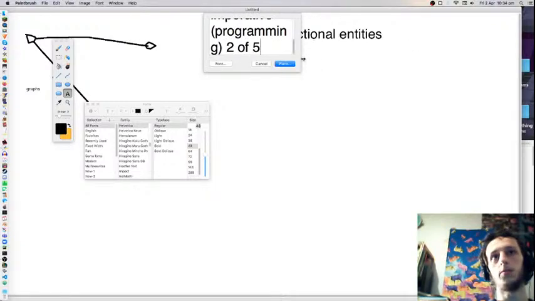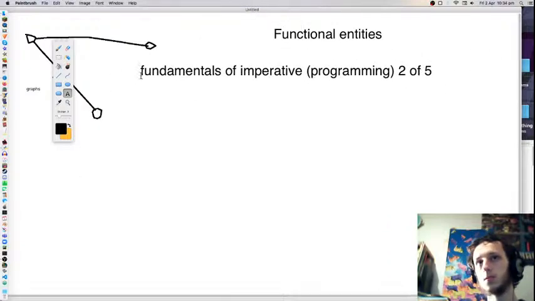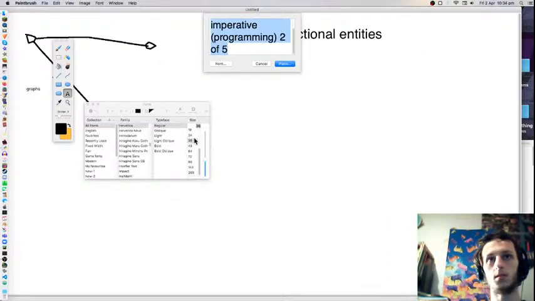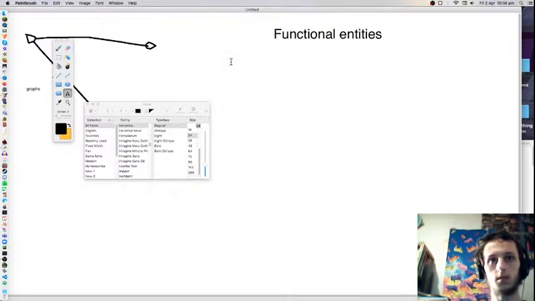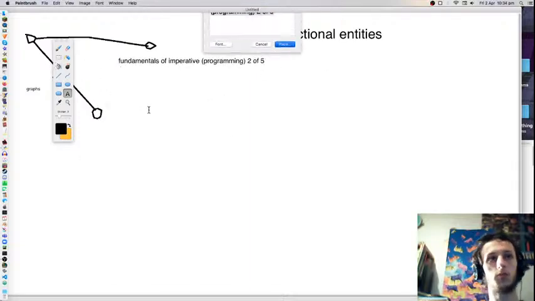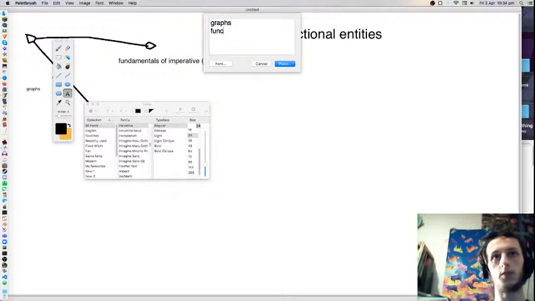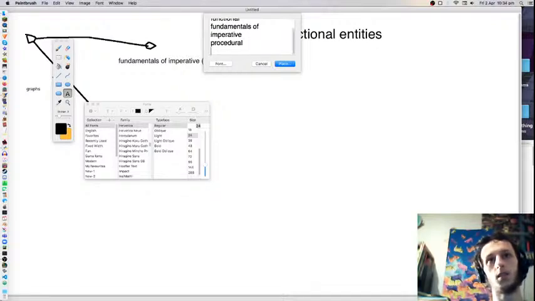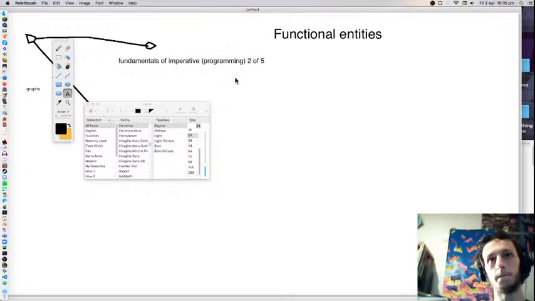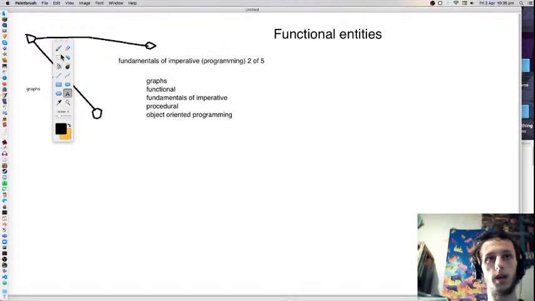So the first one's graphs, then after graphs we're doing this one on functional entities, then we're going to be looking at fundamentals of imperative programming, then we're going to do procedural programming, then after that we're going to do object-oriented programming. So those are the 5. We've done graphs, we're on this one today.